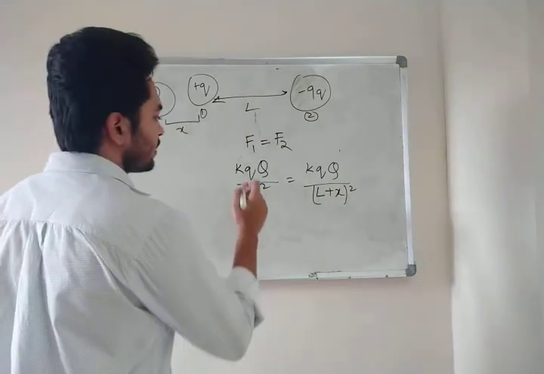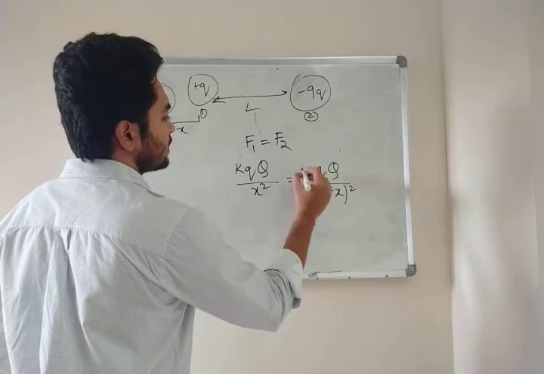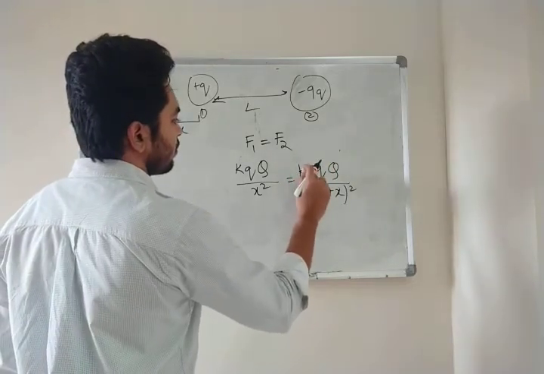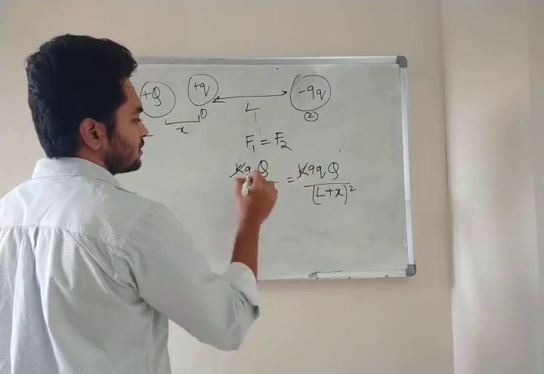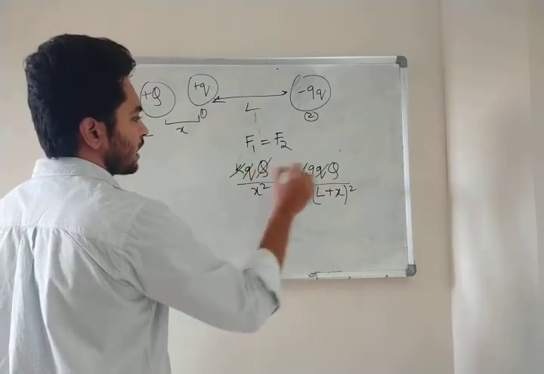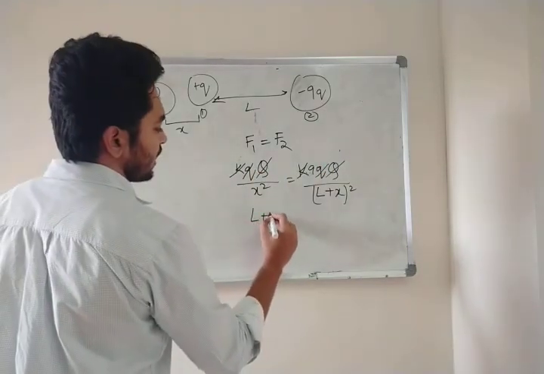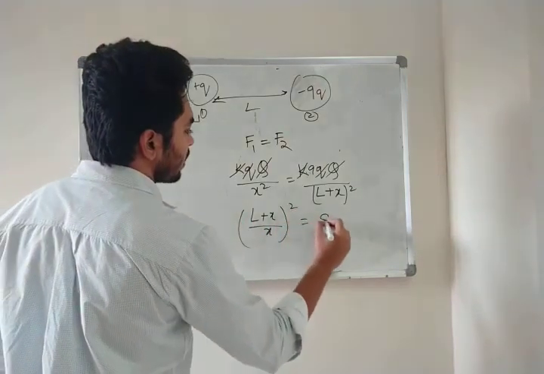Now solve it. Sorry, again small mistake. Here it is 9q, right? Our charge is 9q, not just q. So k cancel, q cancel, capital Q cancel. Now solve it. L plus x by x whole square equal to 9.